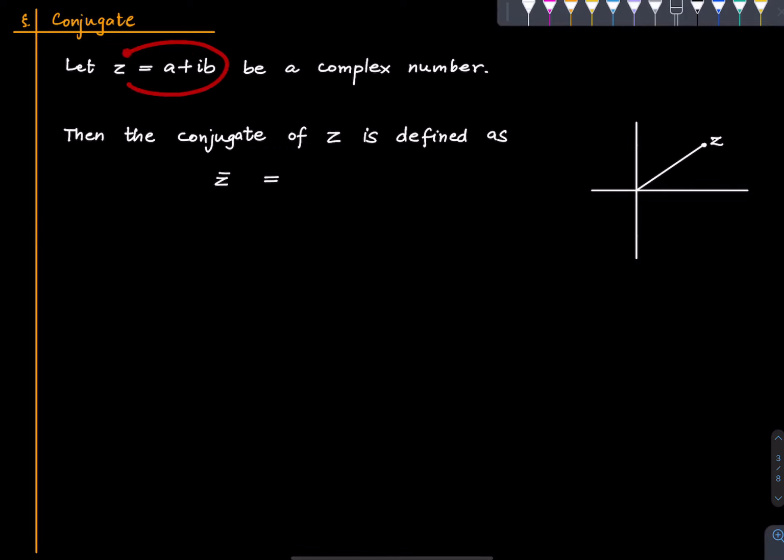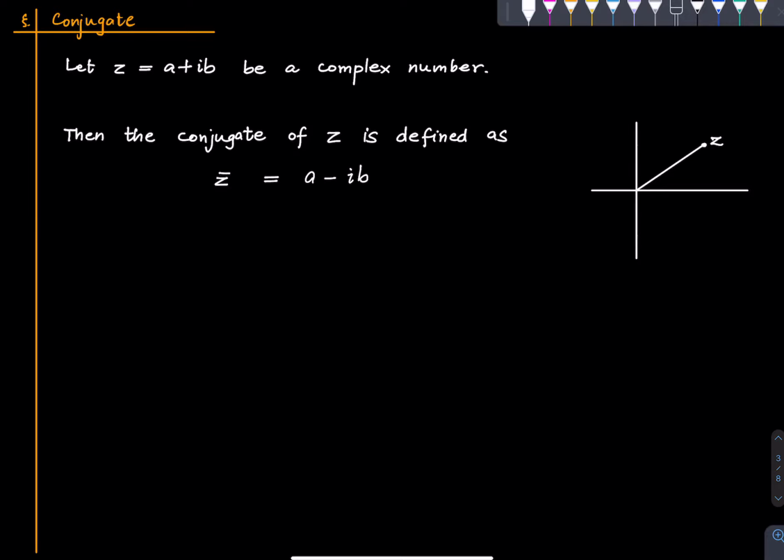Suppose we have a complex number z written in the standard form a plus ib, diagrammatically represented here. Then the conjugate, or the complex conjugate, of z is defined as, the notation is z bar, some people write z star, a minus ib. All right, so that's the definition.